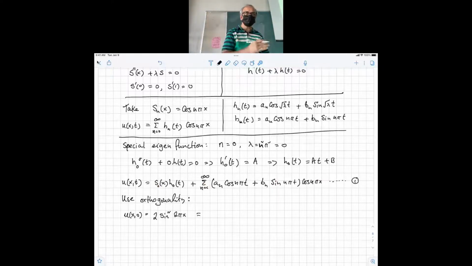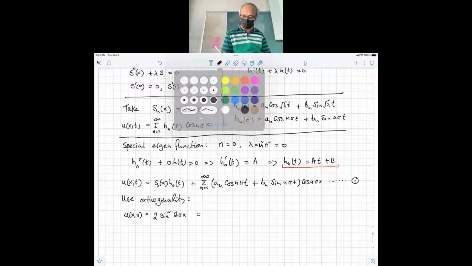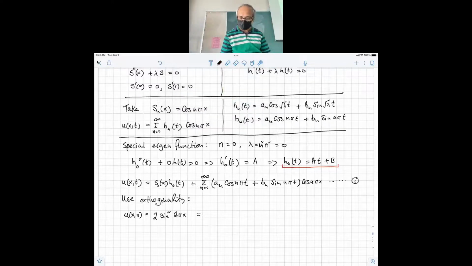So s0 is cos 0 pi x, which is 1. And h0(t) is, let me just highlight it, this is h0(t). And then I evaluate it at t equals 0, so that becomes b.